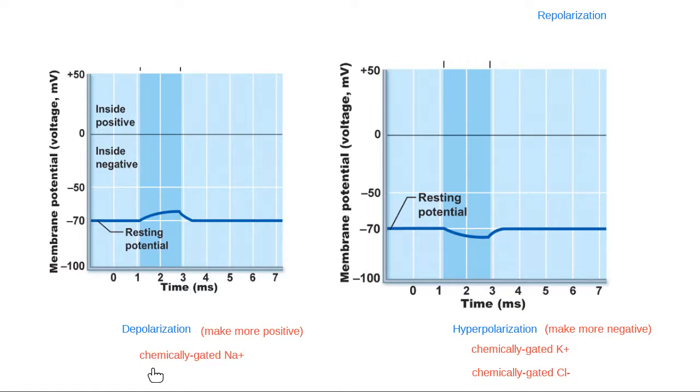The only kind of channel I can open if I want to depolarize the membrane is a chemically gated sodium channel. The only way I can make my membrane charge go up is by opening up a channel for sodium. And then sodium can rush inside, and if we get high enough, voltage-gated sodium channels will open too.